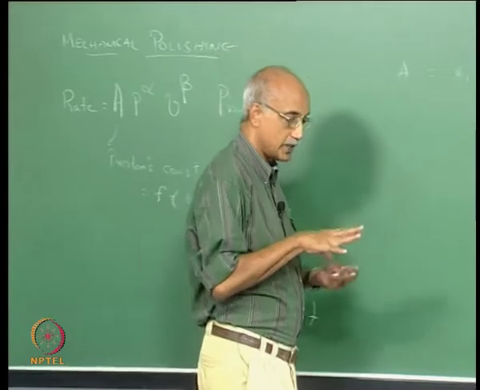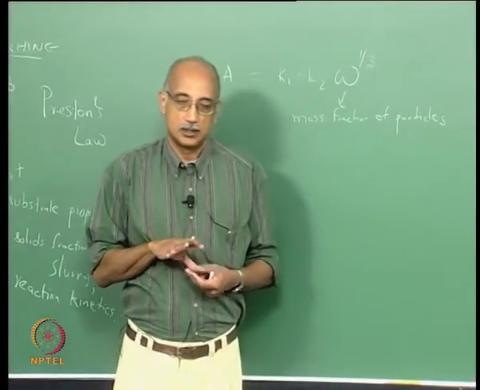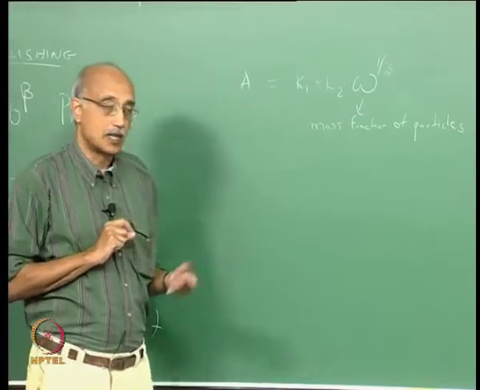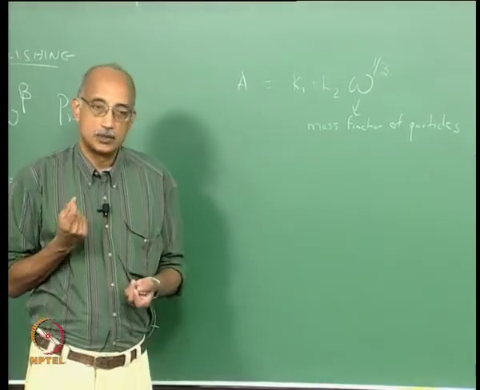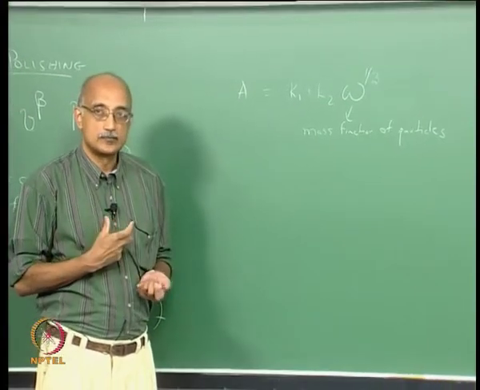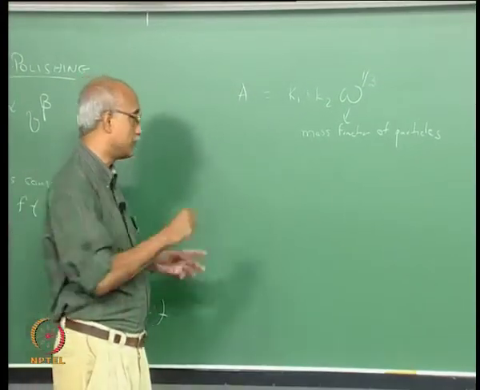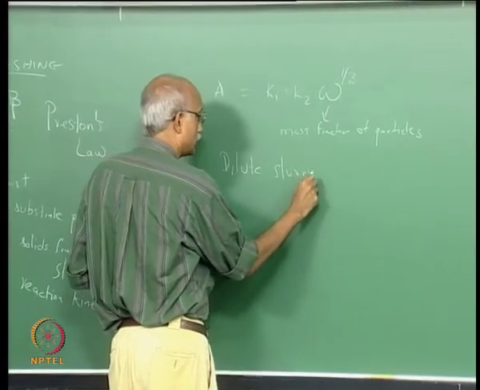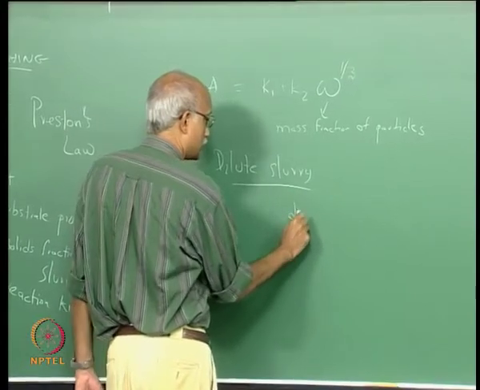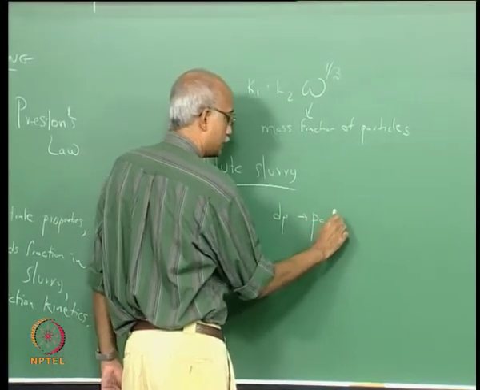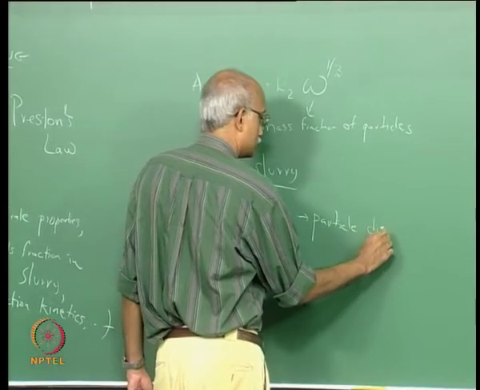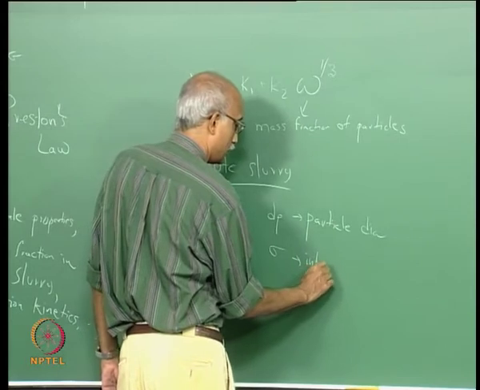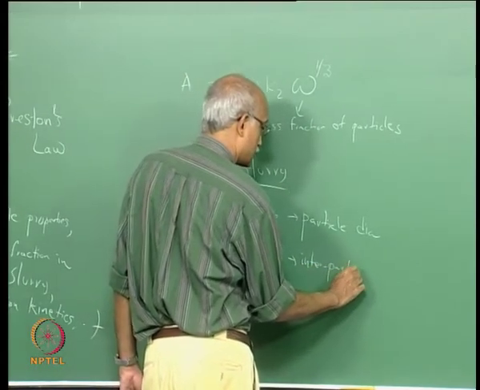Now, when we talk about slurries that are used for polishing, one of the assumptions we always make in all the modeling as well as many of the experimentation that we do is that it is a dilute slurry. Now, when we say dilute slurry, what we mean is that if you look at two relevant parameters, the first is particle diameter dP, the second is sigma, which is the mean interparticle distance.